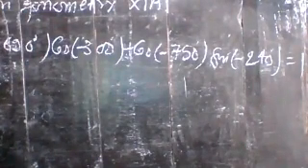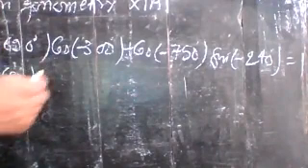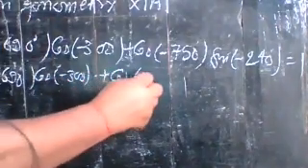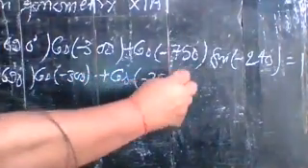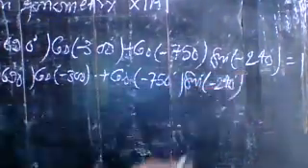So if you take the left side, just see: sine minus 690 degree, cos minus 300, plus cos minus 750 degree, and sine minus 240 degree.